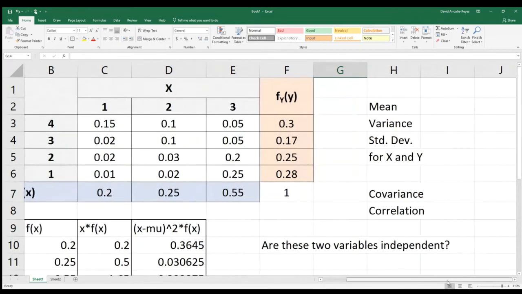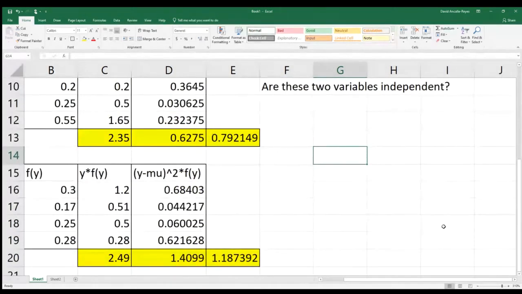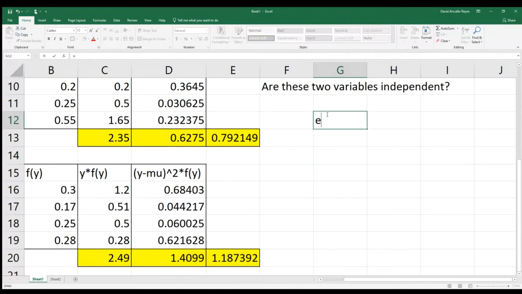But now for my covariance, I think the equation said that it was the mean of xy minus the mean of x times the mean of y. I'm going to write down the functions here. You may be wondering, what does the mean of xy represent? Well, E is just a function.